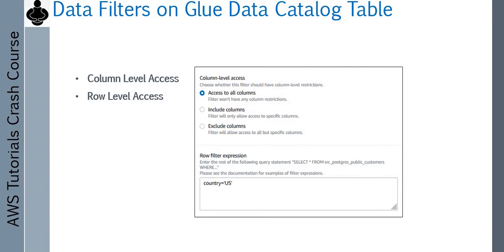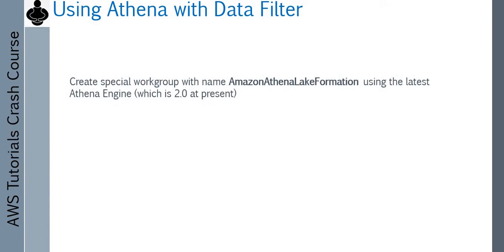Okay, one thing is very important. When you're using data filters and trying to access your data using Athena, you need to create a special workgroup. By default, Athena has its own workgroup called primary.